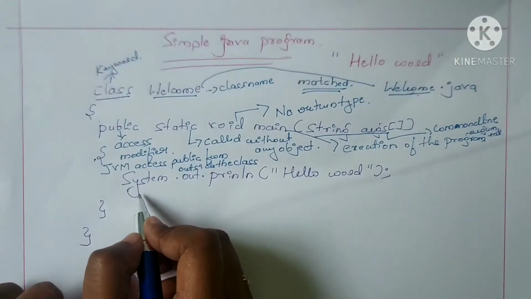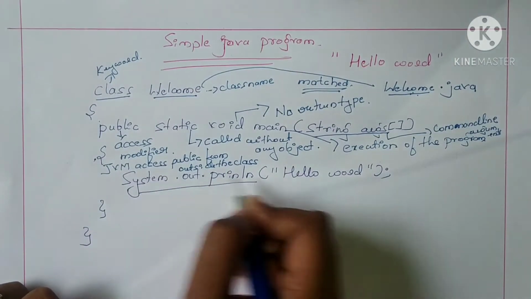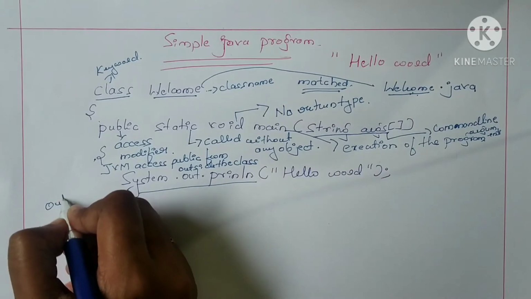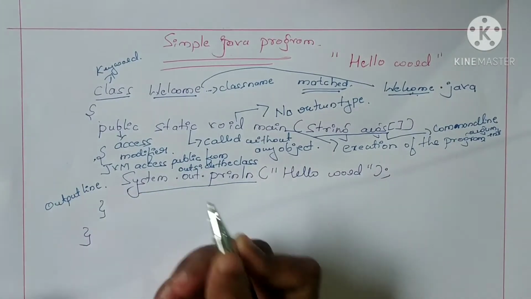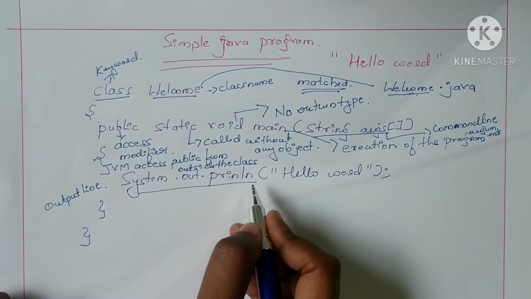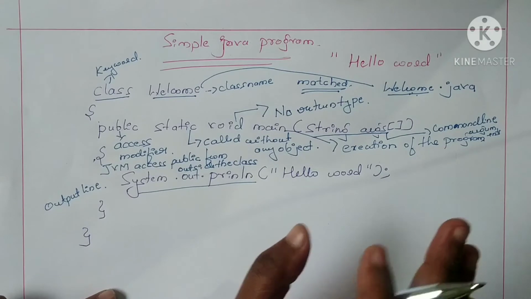Next, we write the system.out.println. We call it the output line. With the help of this statement, we are going to print a statement in our console.